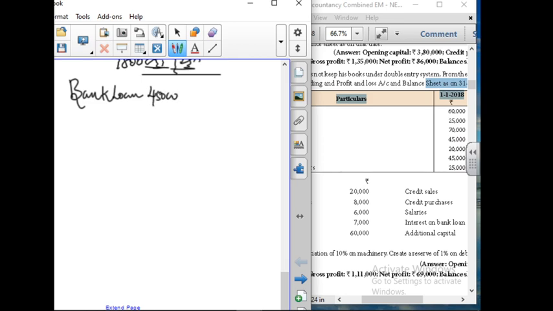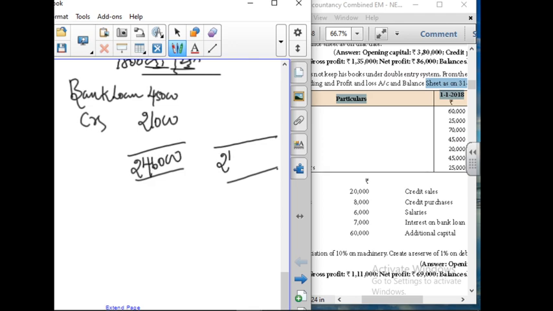Once again, I'll say bank loan is entirely different from the interest on bank loan. Interest on bank loan will be posted under the profit and loss account on the debit side, and bank loan is a liability which comes under the balance sheet. Next, creditors, it is 21,000. I think we are able to tally both sides, 2,46,000. Before tallying the balance sheet, just check whether you have posted all the items.